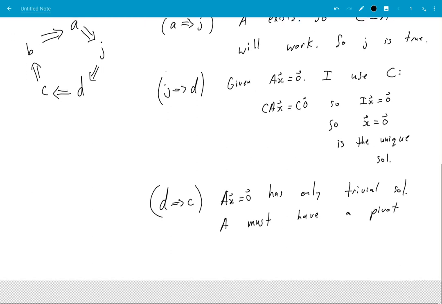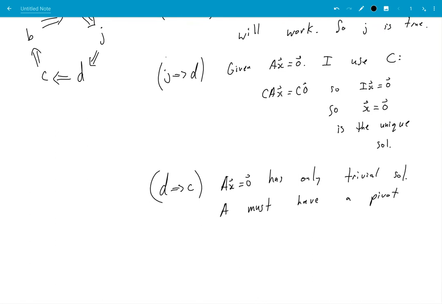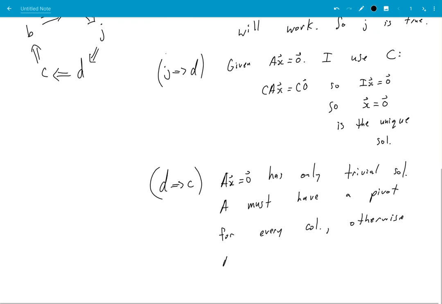But this is immediate, right? A must have a pivot for every column. Because otherwise, AX equals 0 would have infinite solutions.